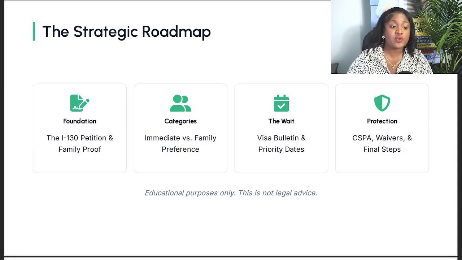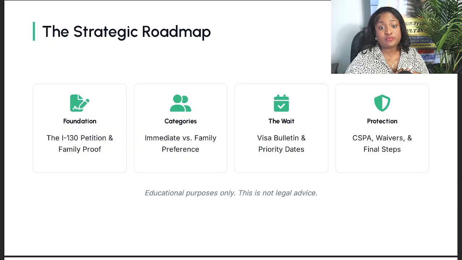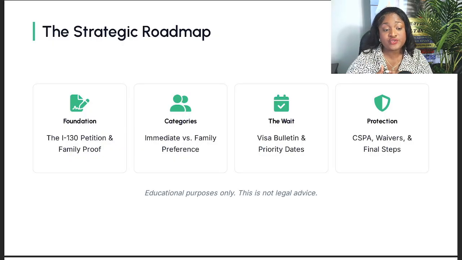First we have the foundation, which is the I-130 petition. This is where the family proves to USCIS that the relationship is real, because there are some people trying to do fraudulent things.